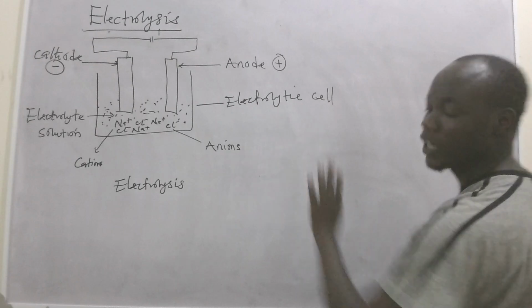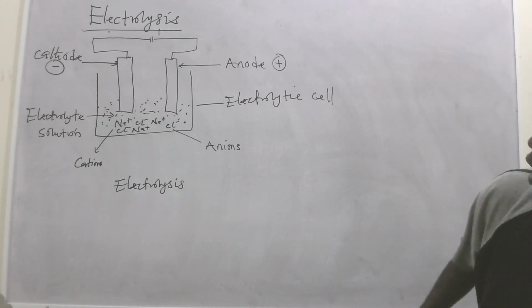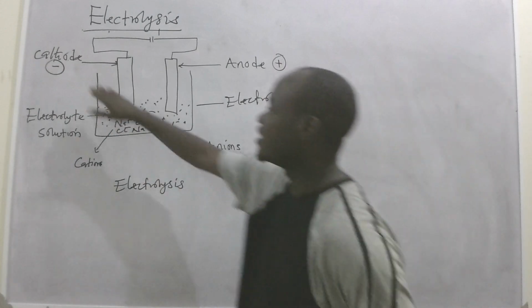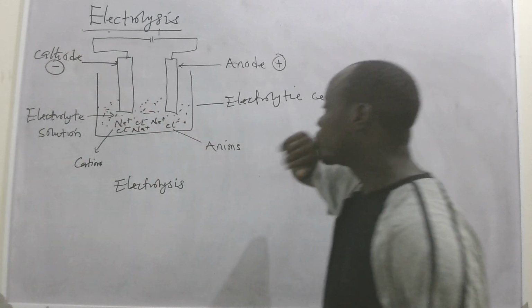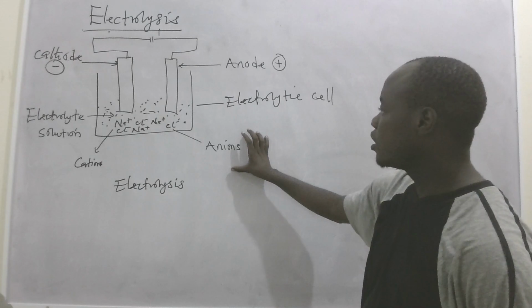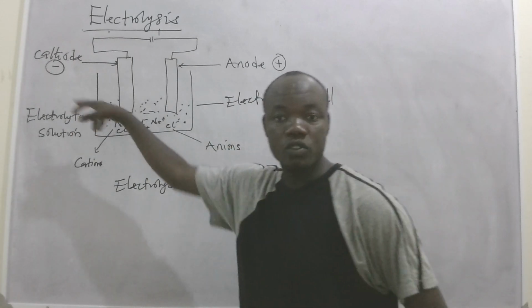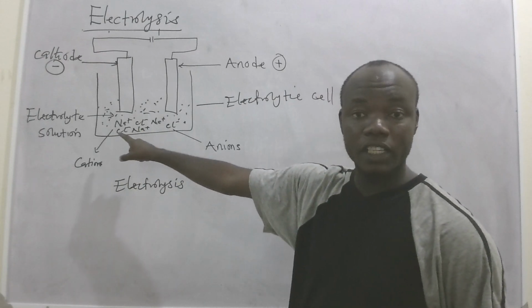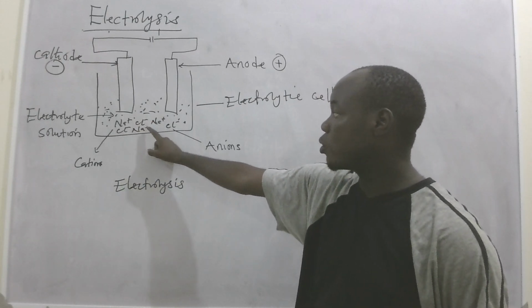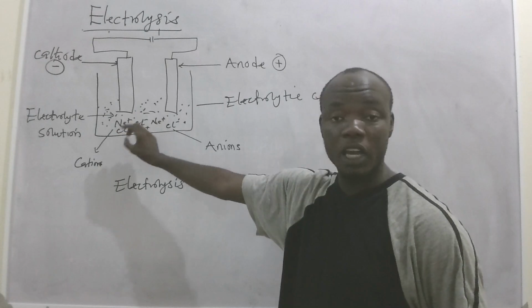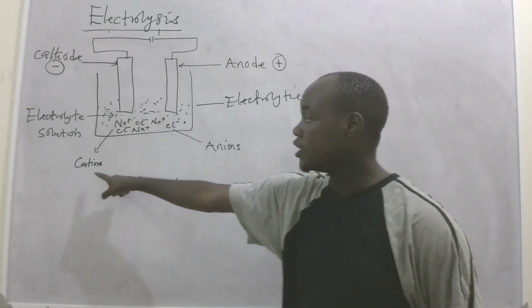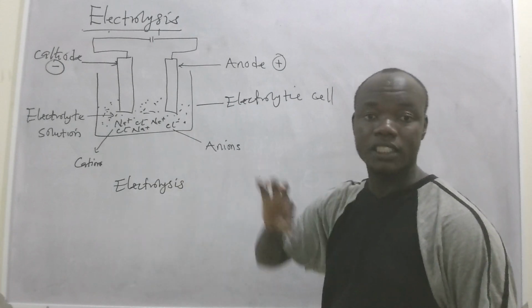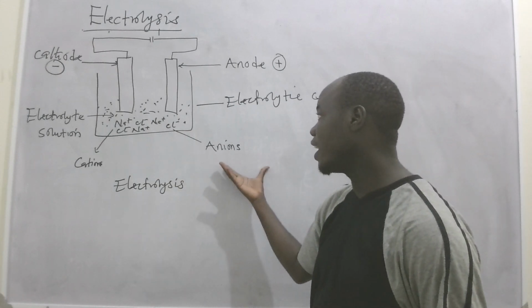This is the anode, this is the cathode, and this is our electrolyte solution. In it we have sodium ions, which have a positive charge and are called cations, and chloride ions, which have a negative charge and are called anions.